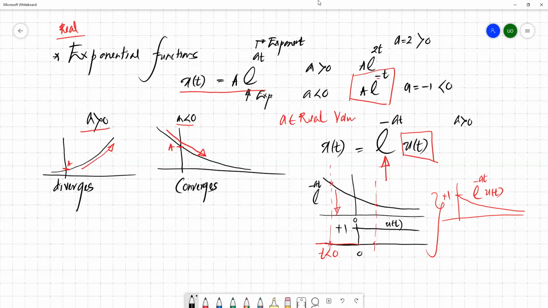So what happens is if you multiply this function with the unit step, it basically truncates the function and extracts the positive component only.